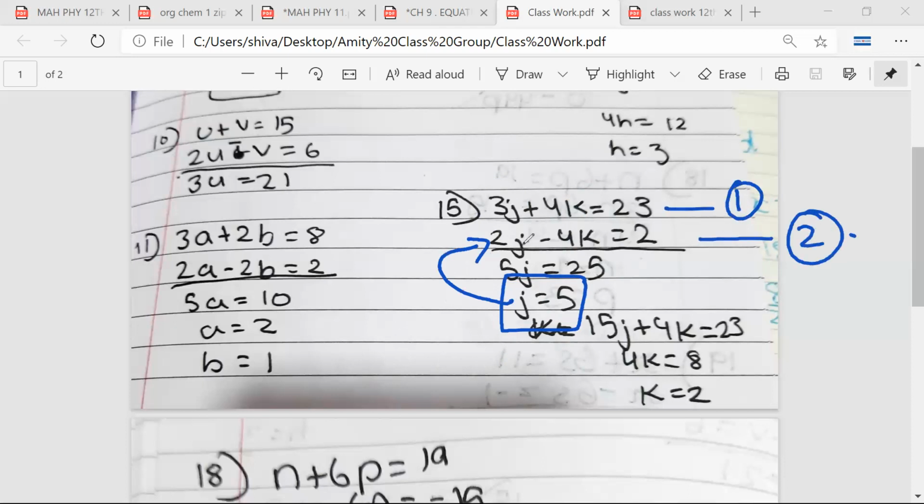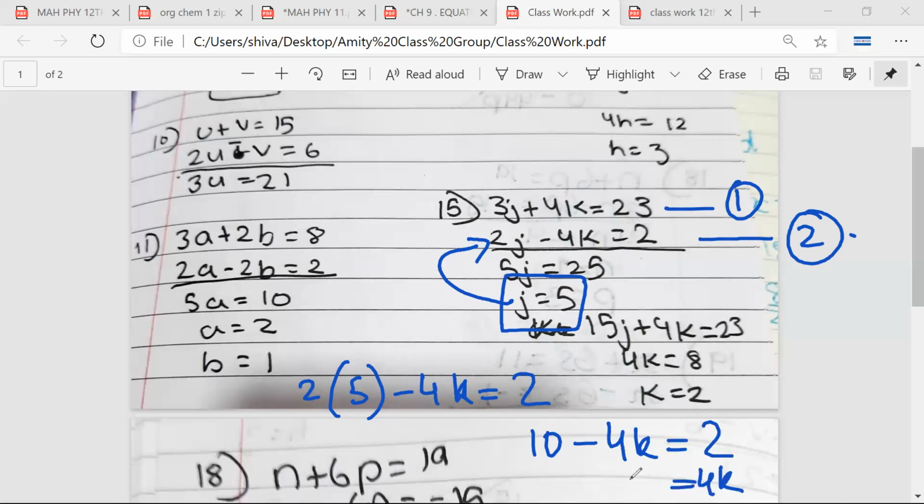So if I put the value of j here, it will become 2 into 5 minus 4k is equal to 2. 10 minus 4k is equal to 2. 4k is equal to 8. Therefore, k is equal to 2. Have you understood what I'm saying? Yes.